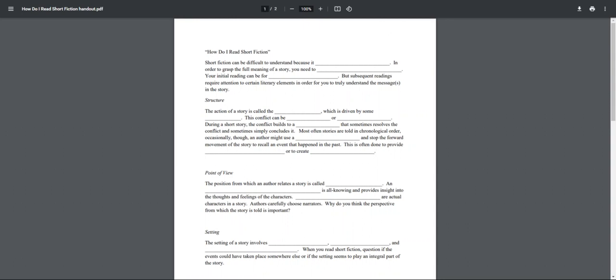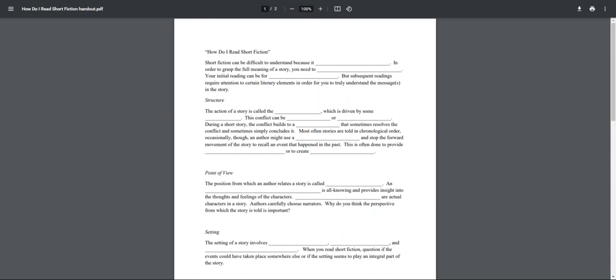If you think about a novelist having hundreds and hundreds of pages sometimes to communicate a message, an author writing a short story is going to have far fewer pages to do that. So maybe 10, in some cases, maybe just 2. And so everything matters in the short story.